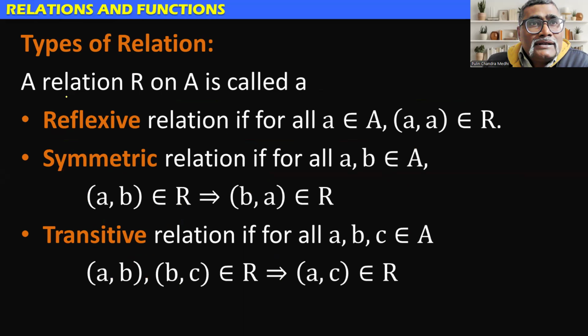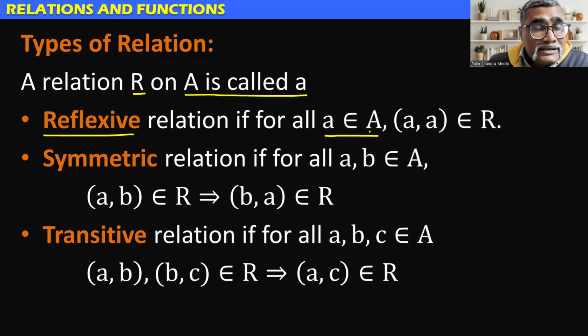A relation R on a set A is called reflexive if for all elements a in capital A, that given set, it is related to itself under the relation R. I'll take some examples and you will understand it. If a and a are related, a is related to itself, then it is called a reflexive relation.